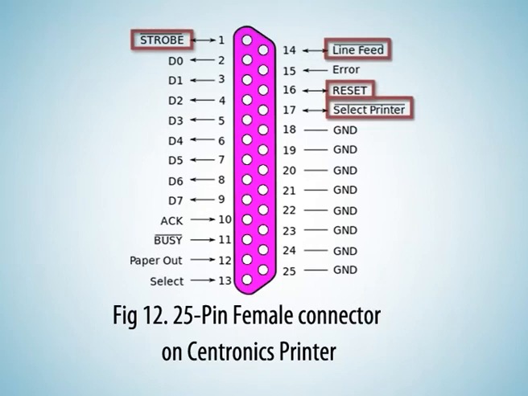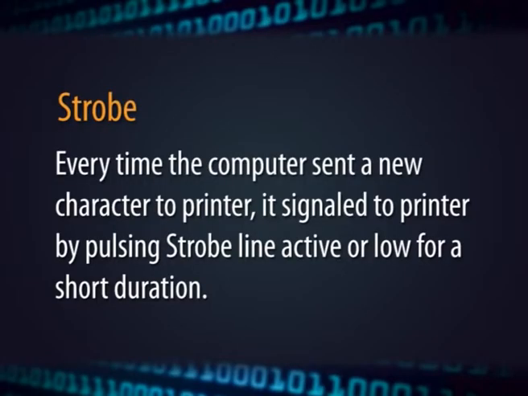2. 4 control signals outputted from computer to printer, known as strobe, line feed, reset and select printer. Every time the computer sent a new character to the printer, it signaled the printer by pulsing the strobe line active or low for a short duration.